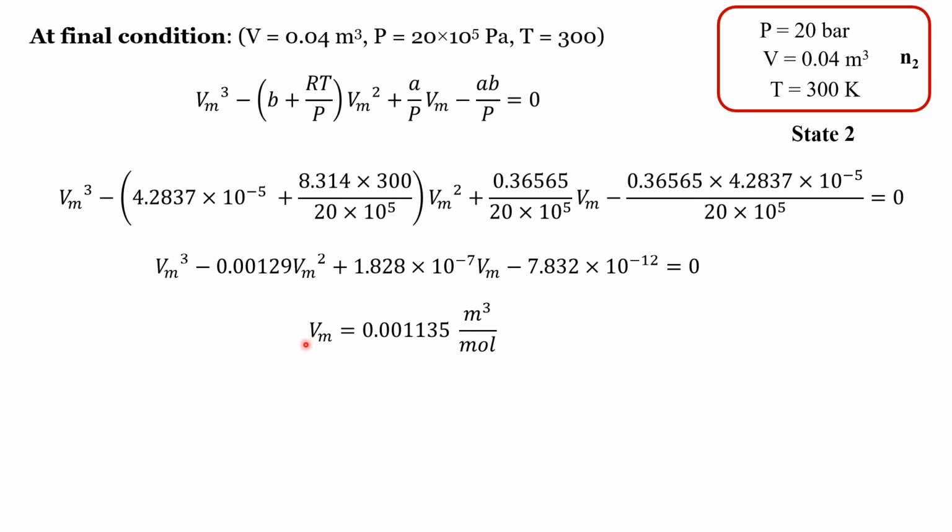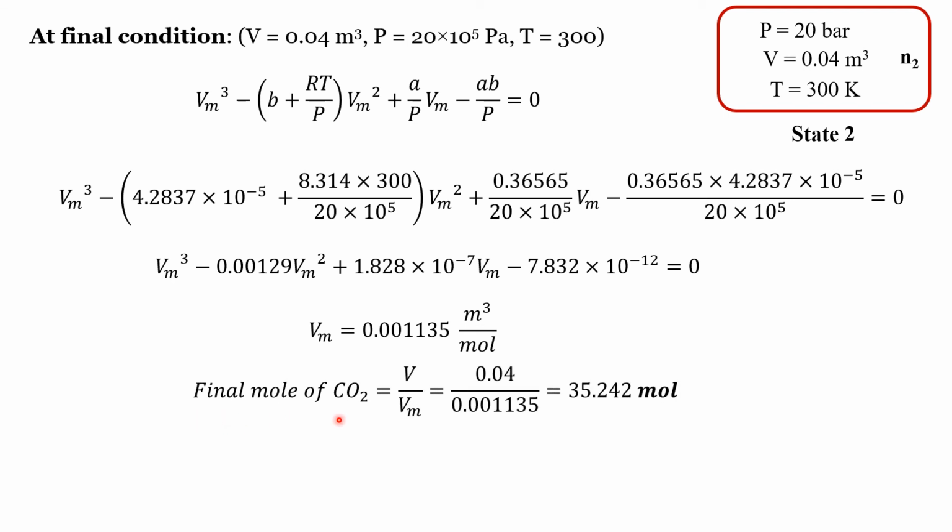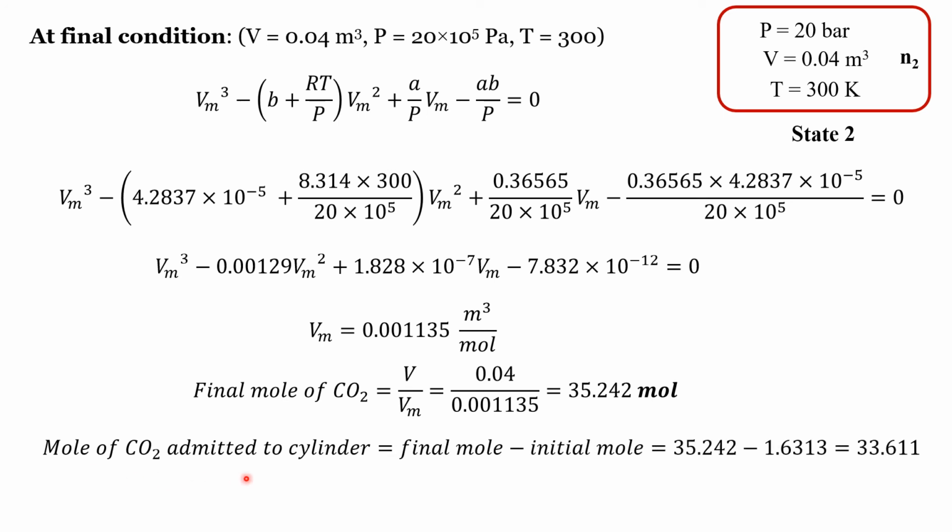Now we can write molar volume equal to volume divided by number of moles. From there we can find the final moles of CO2, that is N2. It will come out as 35.242 mole. Now we can take the difference, final moles minus initial moles. So moles of CO2 admitted to the cylinder equal final moles minus initial moles.